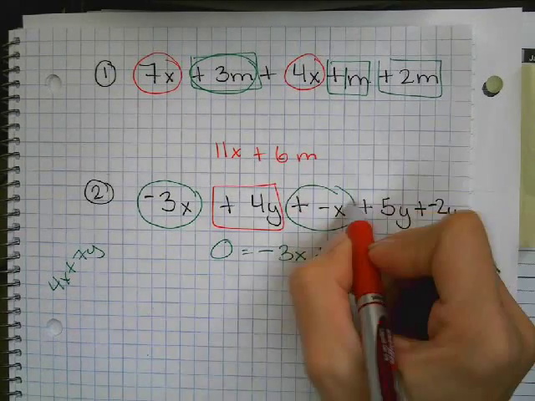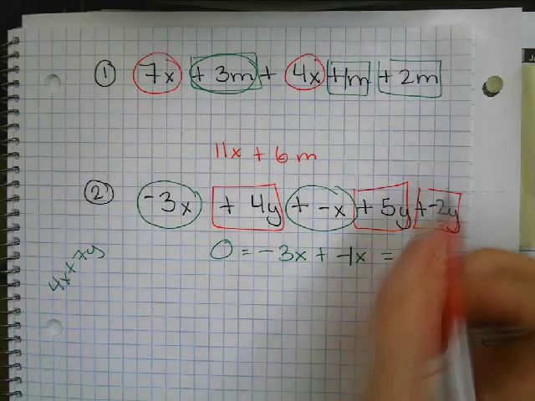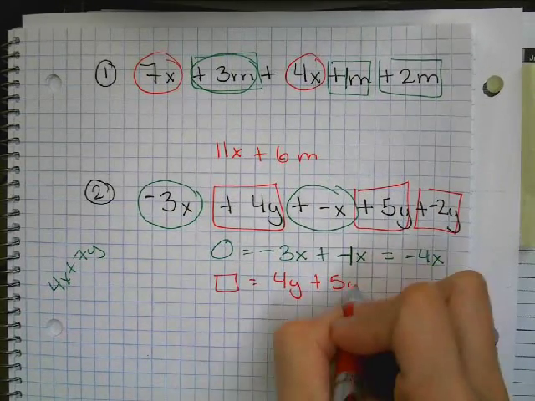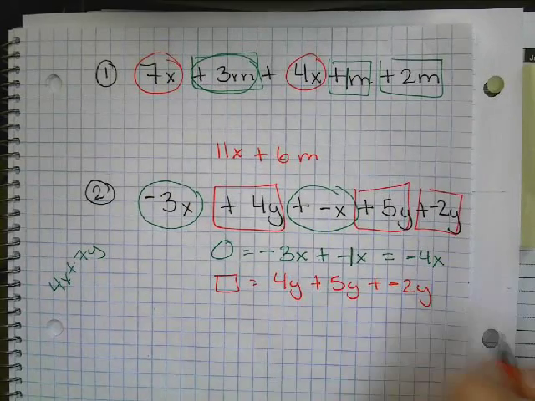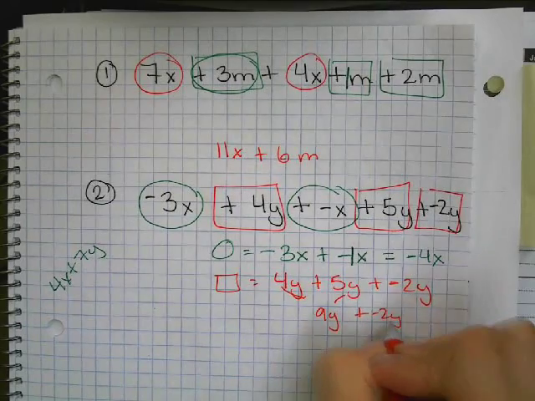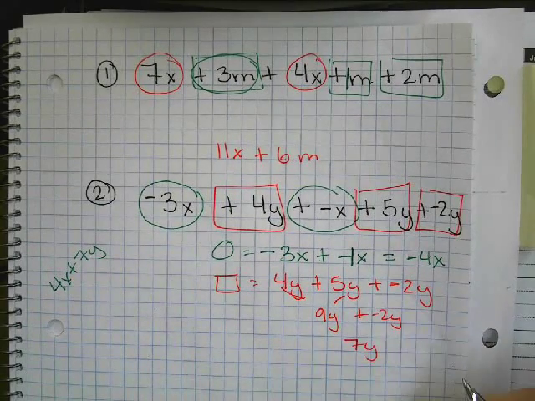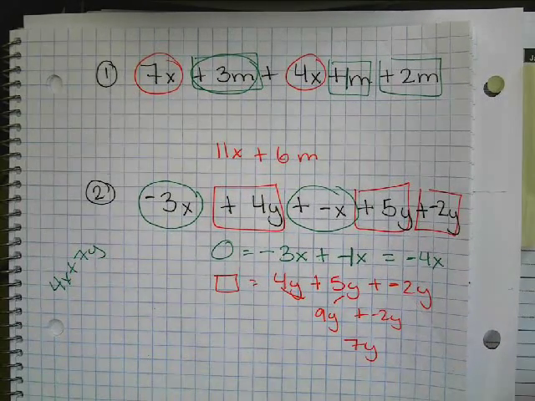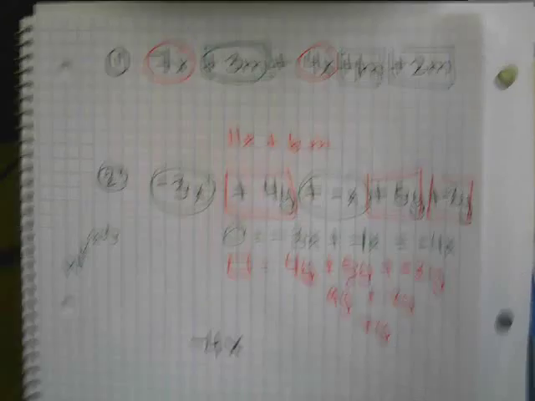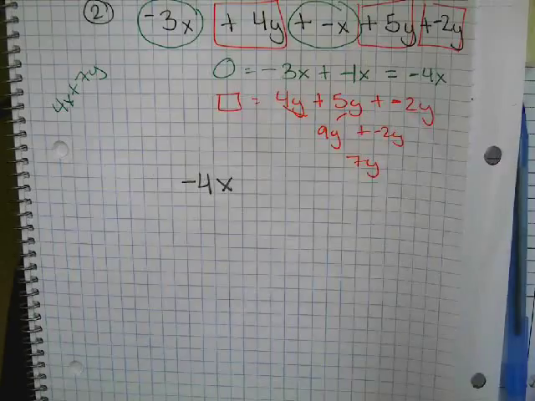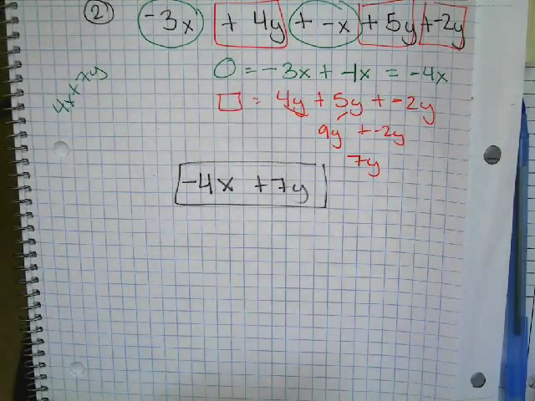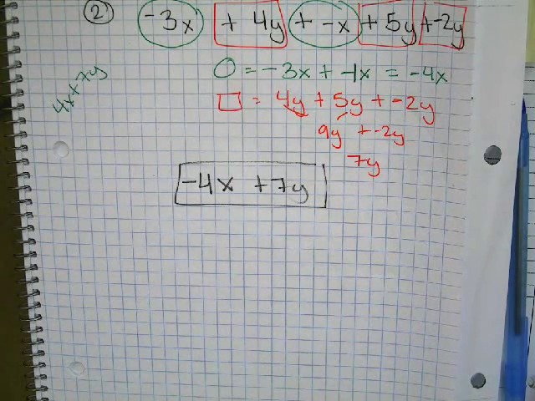Then I'm going to square the y's. So 4y plus 5y plus negative 2y. These two give me 9y plus negative 2y is 7y. So your final answer should be negative 4x plus 7y. Any questions?